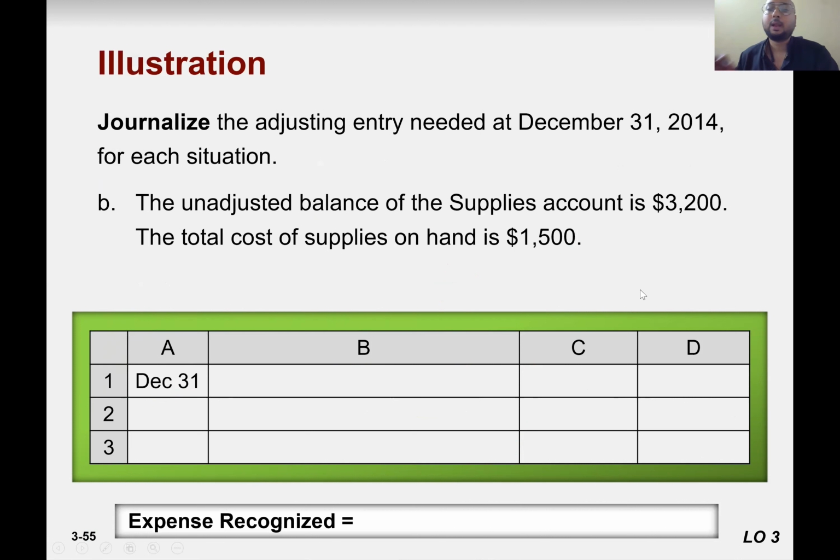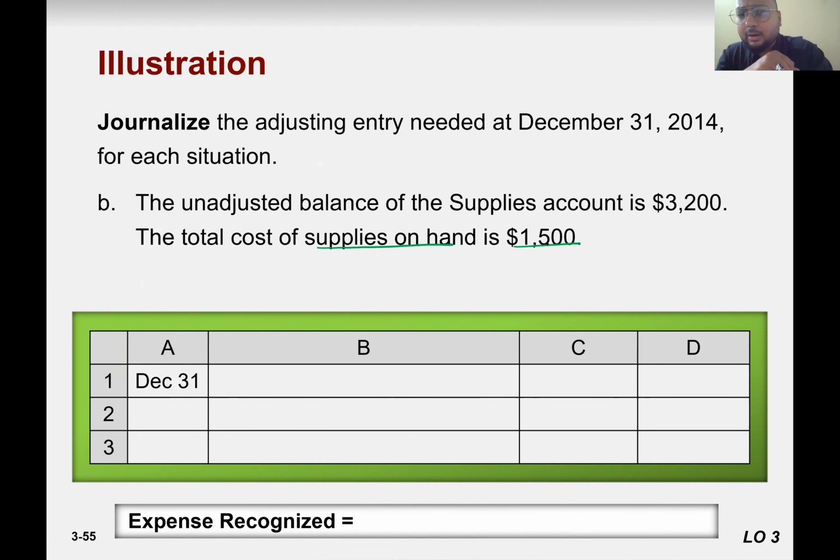Now, answer this question. The unadjusted balance of the supplies account is 3,200. The total cost of supplies on hand is 1,500. What does it mean?